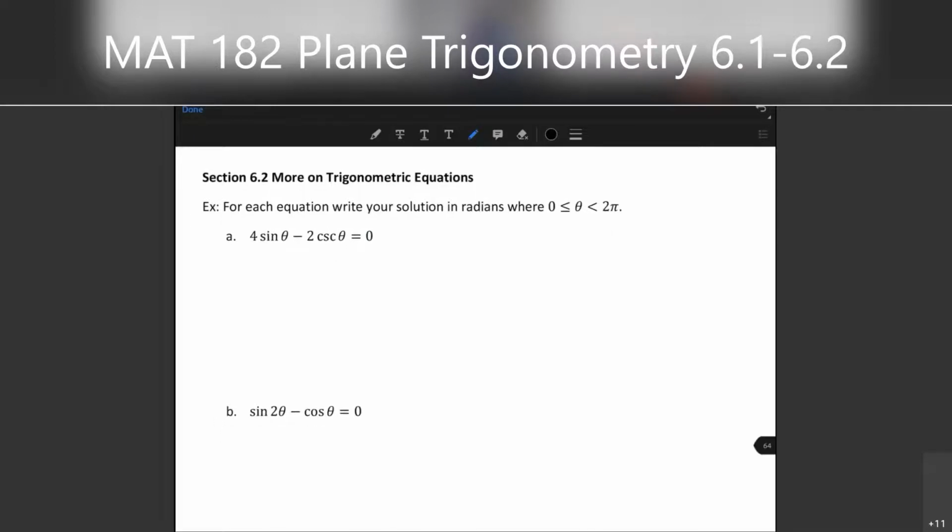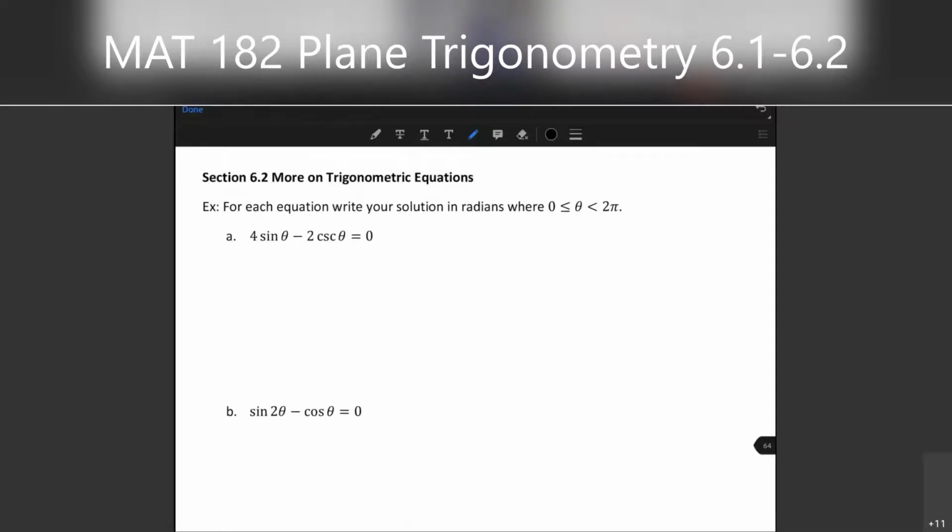Excellent. So this next section, we are going to work with some more trigonometric functions, which have multiple trig functions in a single equation. So this is going to use some of the identities work that you guys were working on in chapter 5. So we'll be doing a little bit of a review of those things as we go in this section.